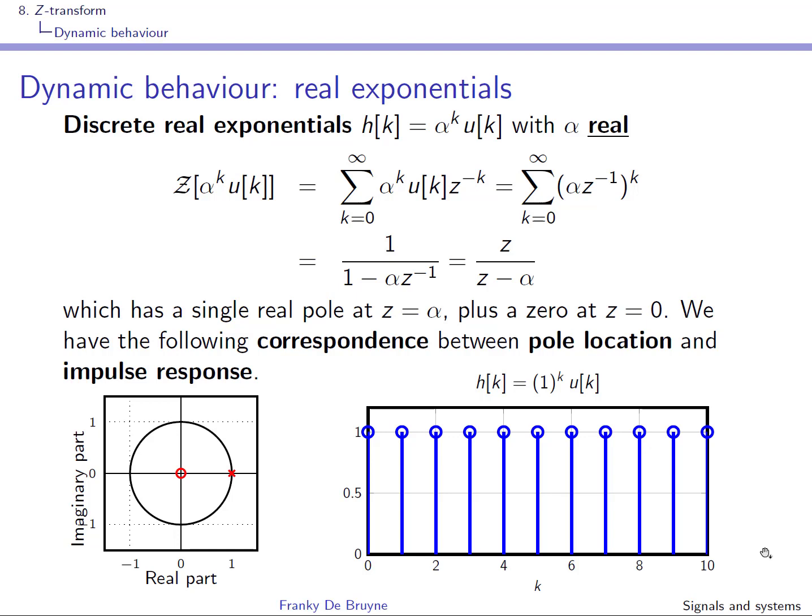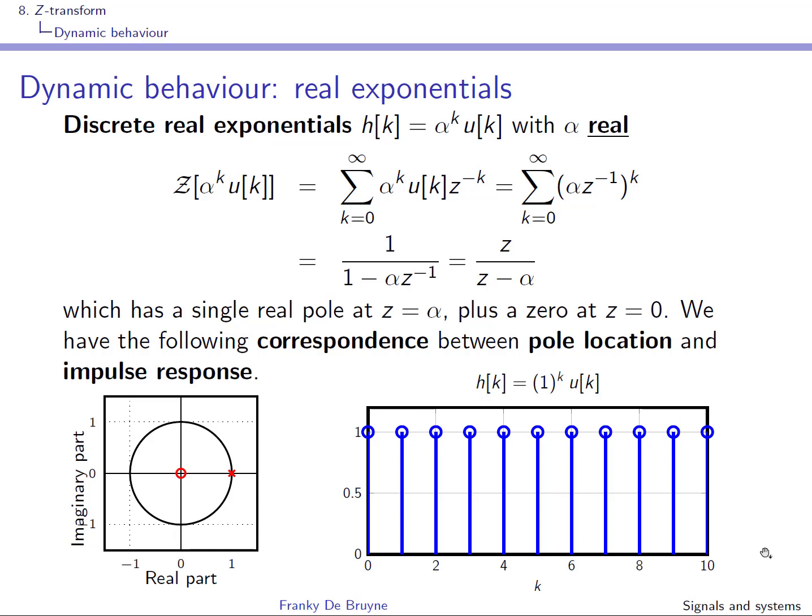So we have to compute the z transform of the impulse response of this discrete real exponential, but this is something that we have done before. So you have z over z minus alpha, so you have a pole at alpha and a 0 at 0. The 0 is indicated by the circle and the pole is indicated by this cross.